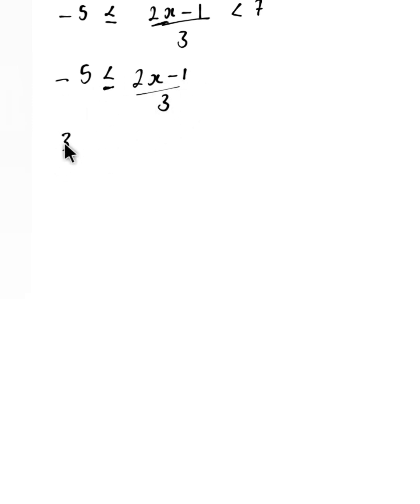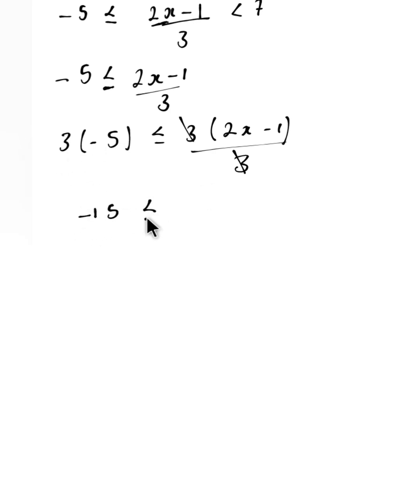So it becomes 3 into minus 5 is less or equals to 3 into 2x minus 1 all over 3. Of course, this 3 will cancel this 3, and that's the effect of multiplying both sides by 3. So 3 times minus 5 will give us minus 15, is less or equals to 2x minus 1.